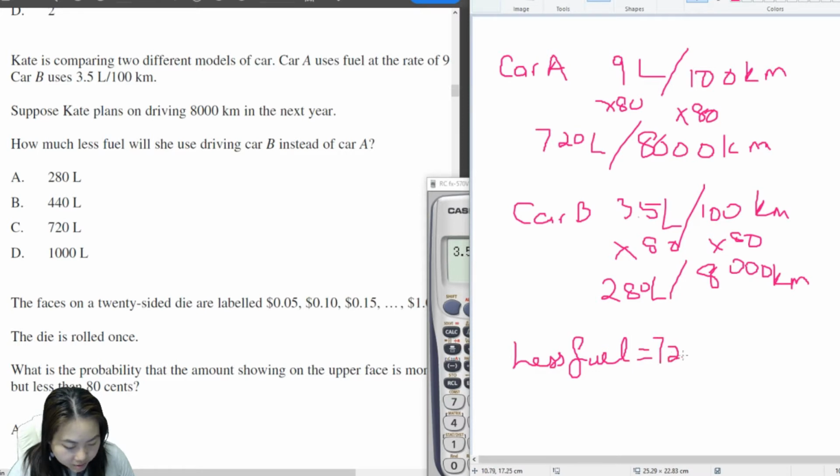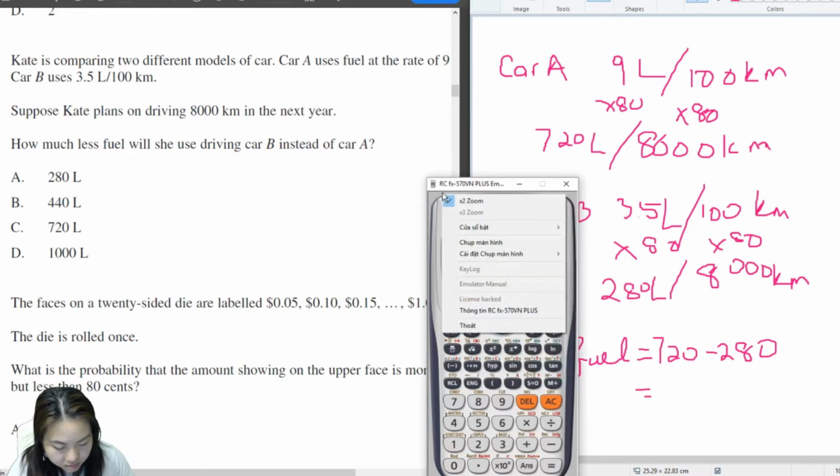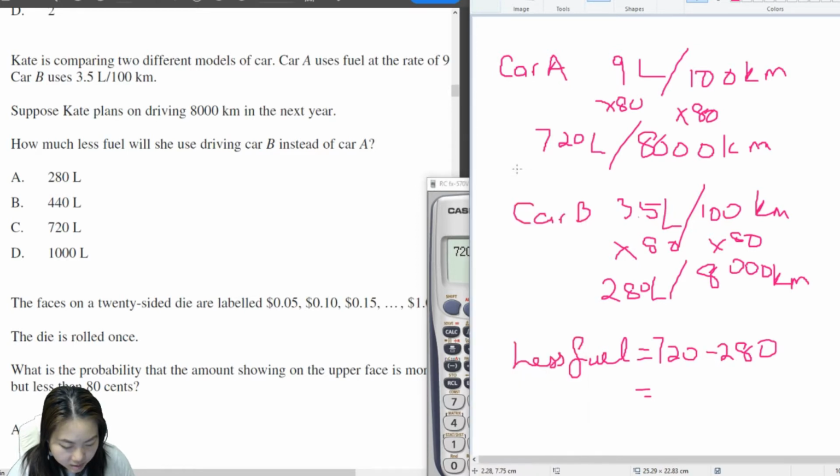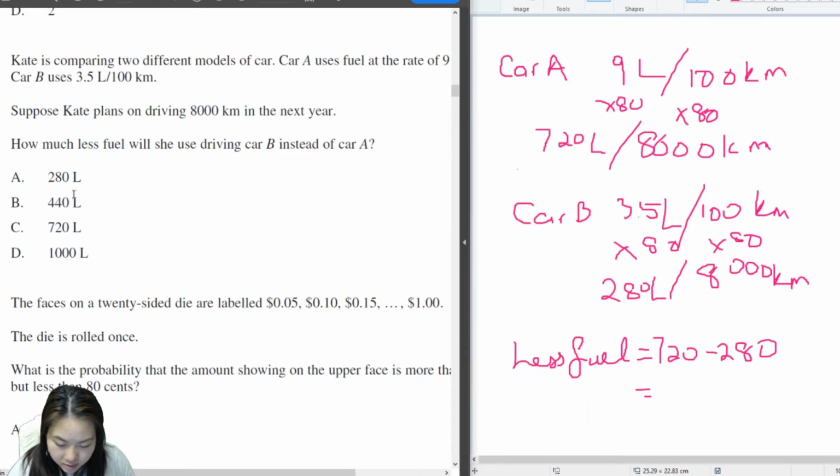It's just a matter of taking it away. 440 liters less fuel. 14B.